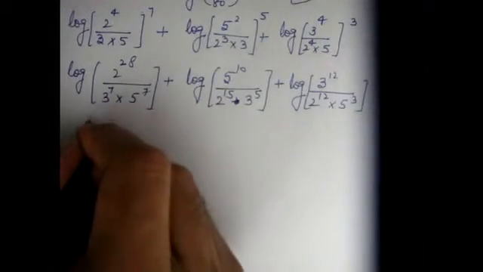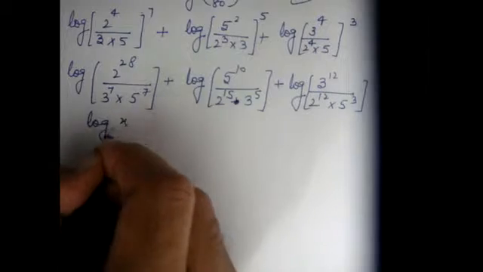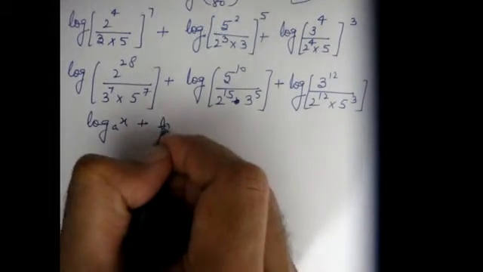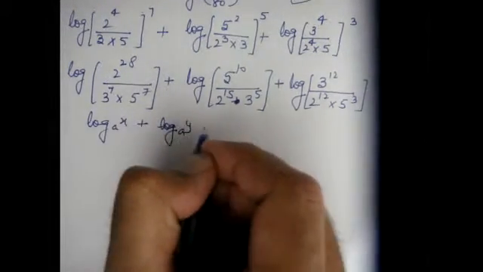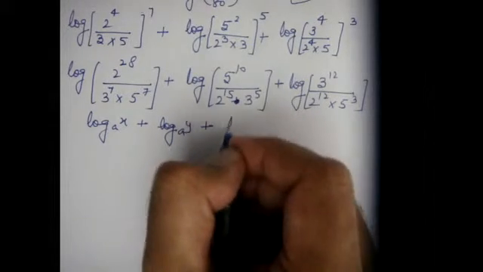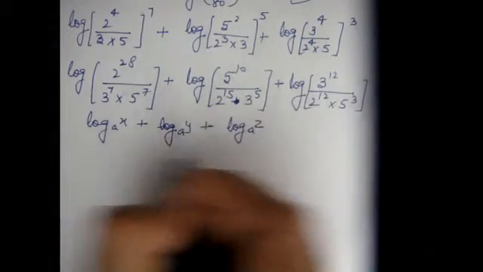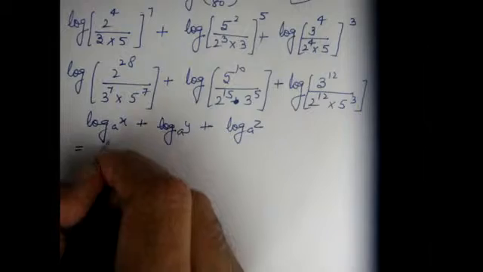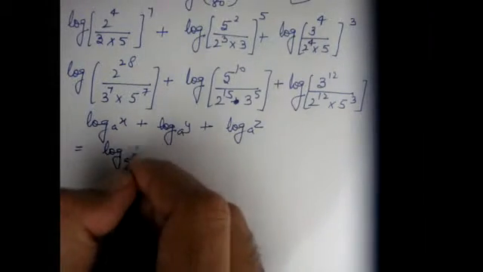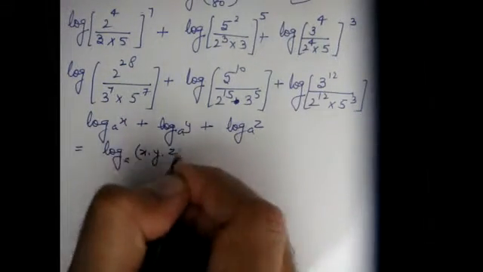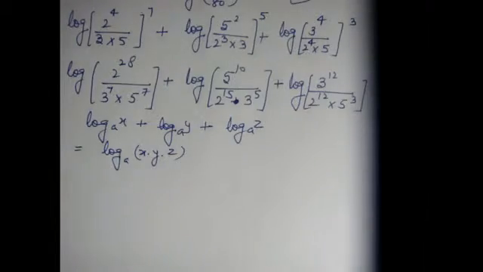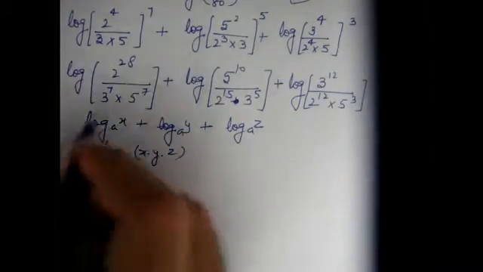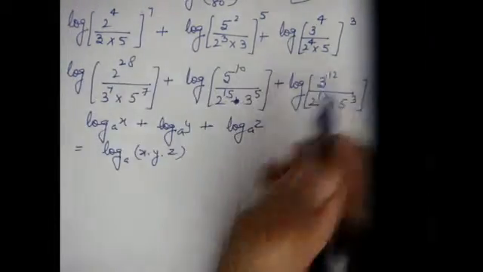Now we know one formula that says that if we have log x to the base a plus log y to the base a plus log z to the base a, that can be written as log of x times y times z to the base a. Yes, we know this formula, so we will be applying this formula on this given expression.